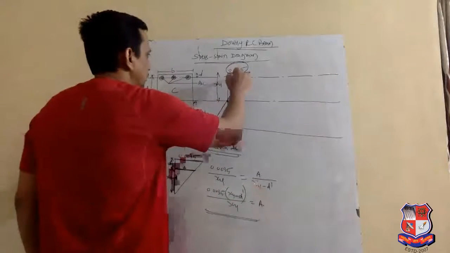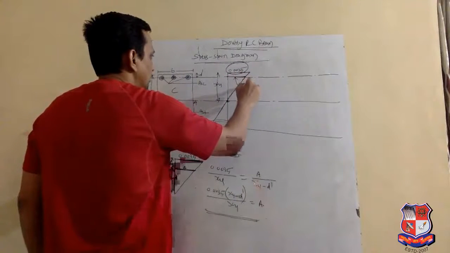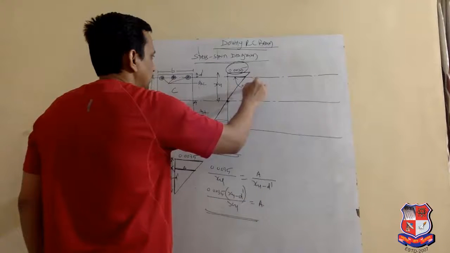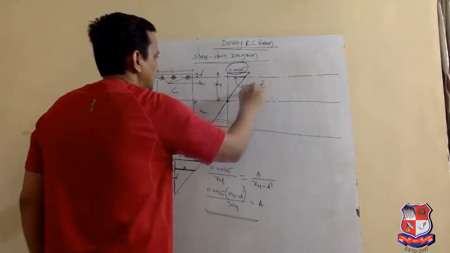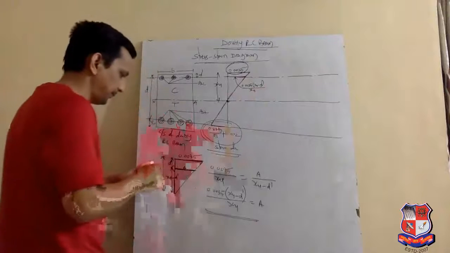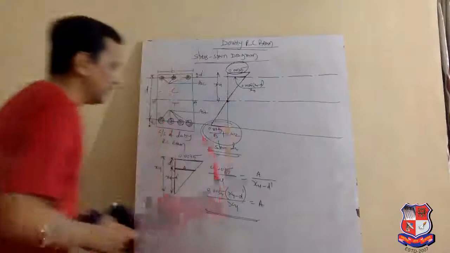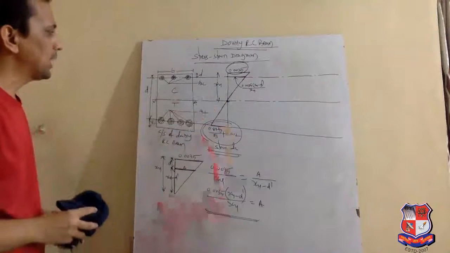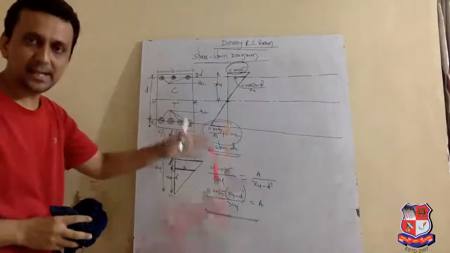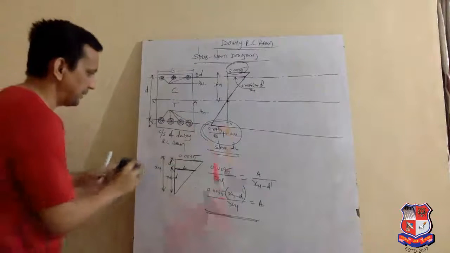So this is all about the strain diagram of the doubly reinforced concrete beam.